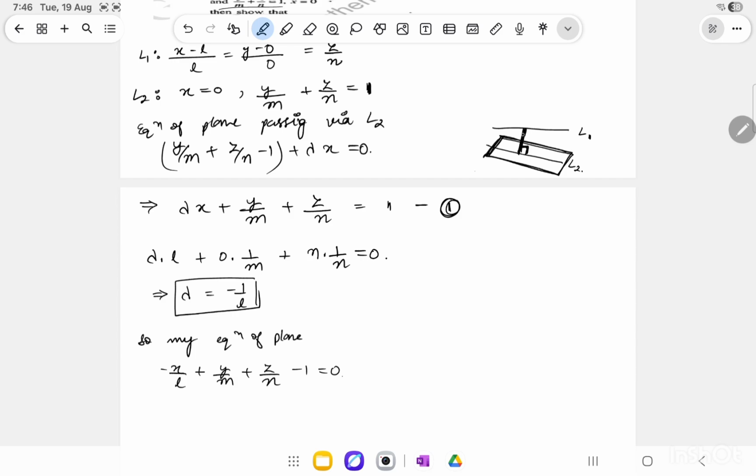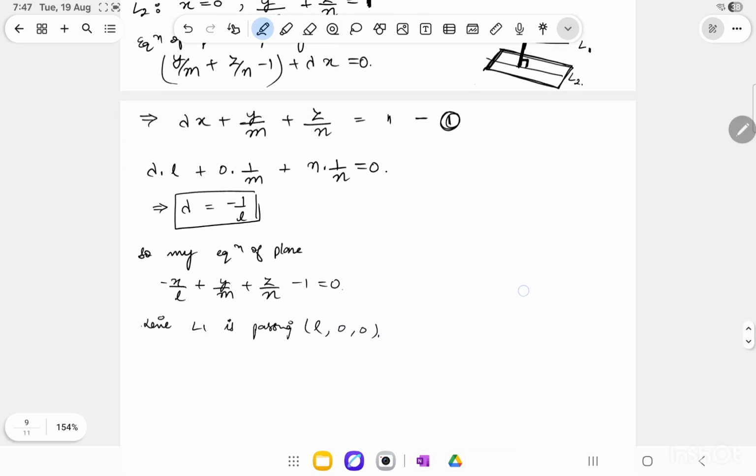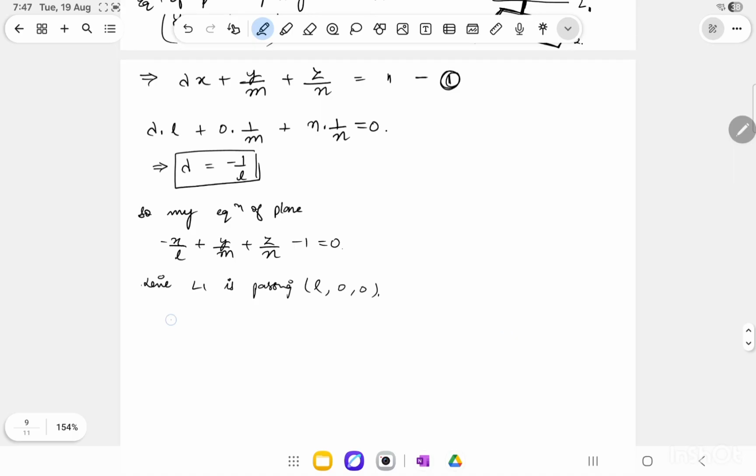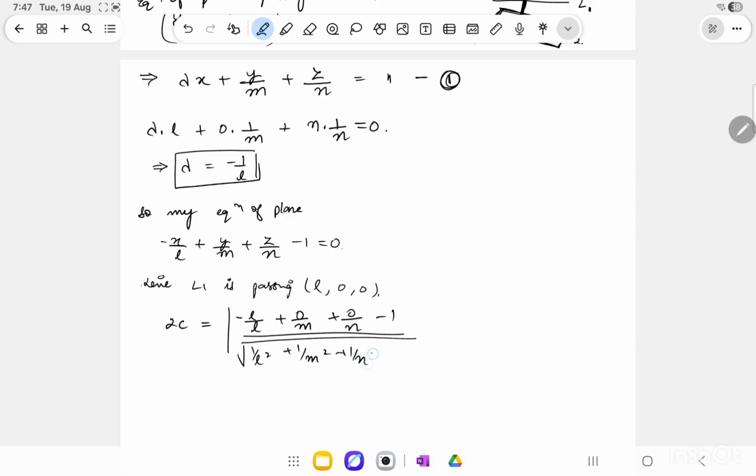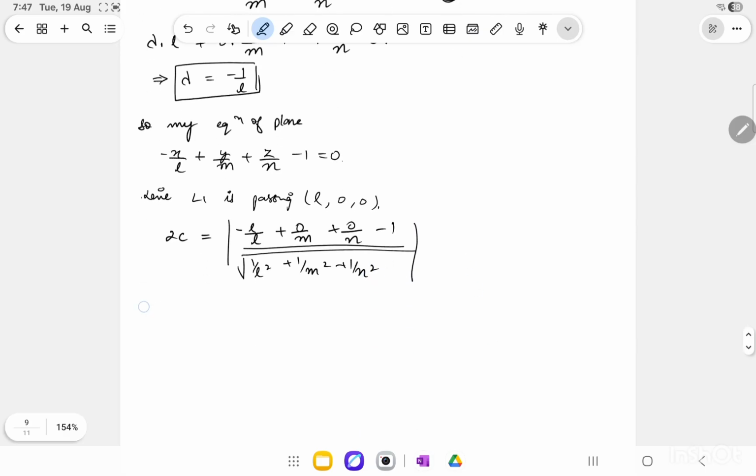Now I am supposed to find the shortest distance between line L1 and line L2, and I know that line L1 is passing via (l, 0, 0). So my 2c, which is given to me as the shortest distance, will be equal to |−l/l + 0/m + 0/n − 1| divided by √(1/l² + 1/m² + 1/n²).